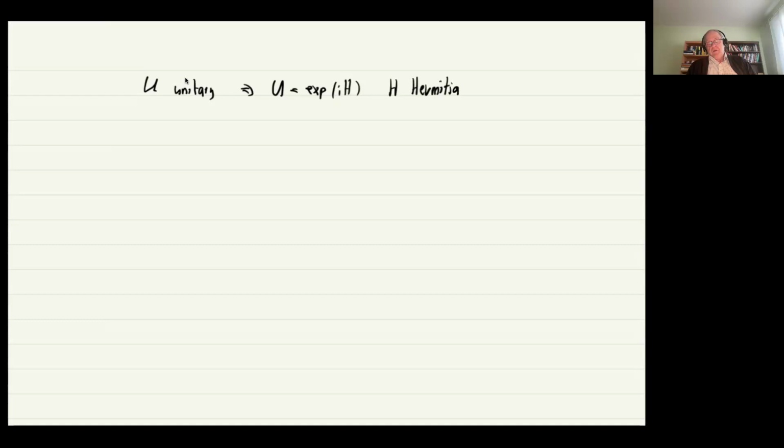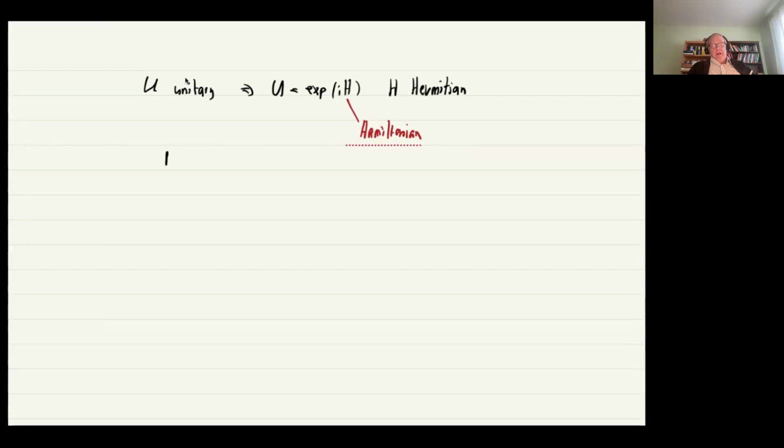I think I dumped that on you as an exercise. Now, the physicists call this matrix H a Hamiltonian. And in some sense, it corresponds to the energy of your system, but that's really about that. So every unitary matrix can be written as exponential iH.